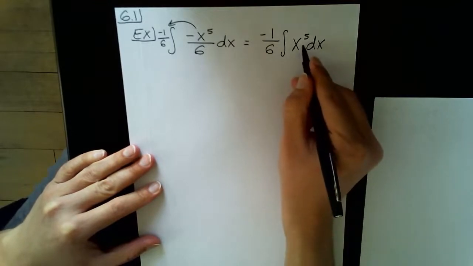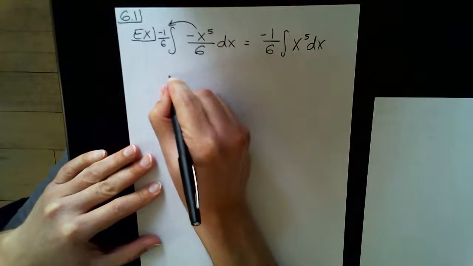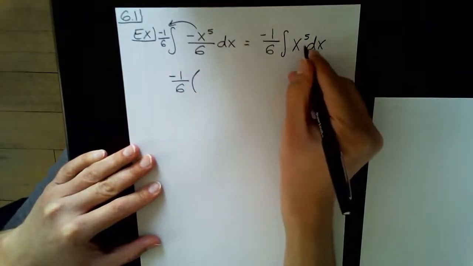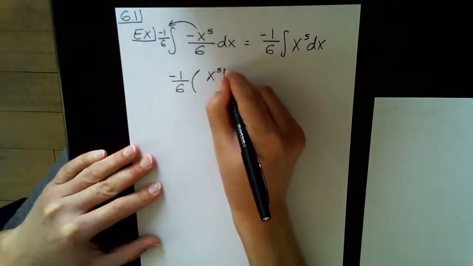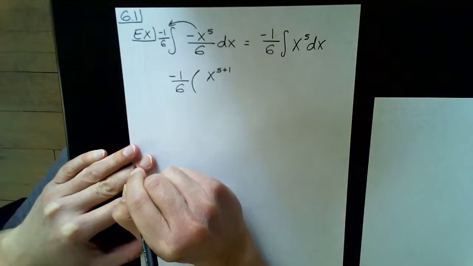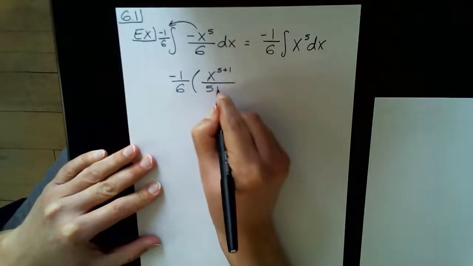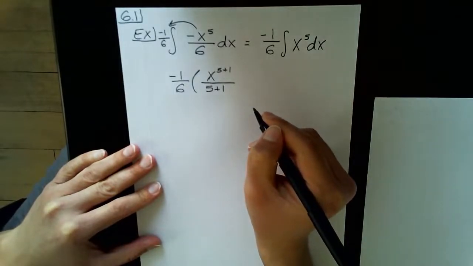And now from here we can take the antiderivative of x to the 5th. So we have negative 1/6 times the antiderivative of x to the 5th is x to the 5th plus 1. We add 1 to the exponent and then divide by 5 plus 1. We divide by the new exponent.